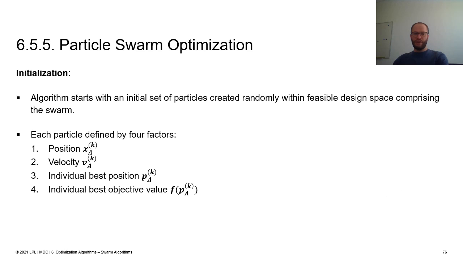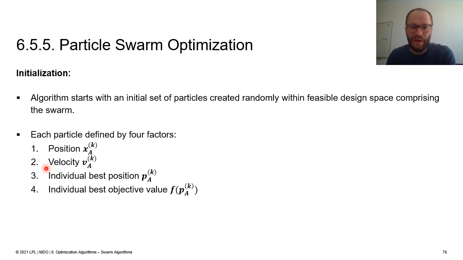The initialization phase of a particle swarm optimization is also mostly based on random sampling, randomly sampled within the feasible design space. However, each particle is now defined by four factors. There is the position itself, the design variable vector for each particle or individual, xa.